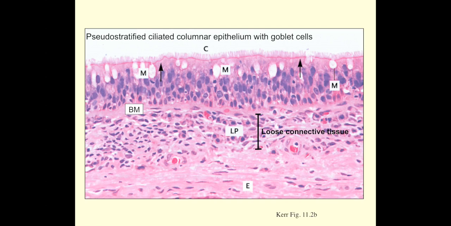Why is that? Well, the respiratory tract is exposed to the external environment, so it's a source for invading microorganisms to get into our systems and our blood vessels and move around the body. And a pseudostratified columnar epithelium, even though it looks stratified, is actually only one cell layer thick, so it's really not much of a barrier to invading microorganisms.